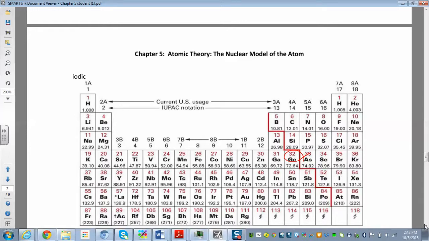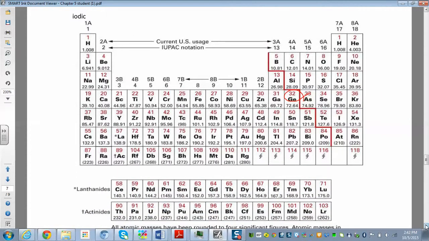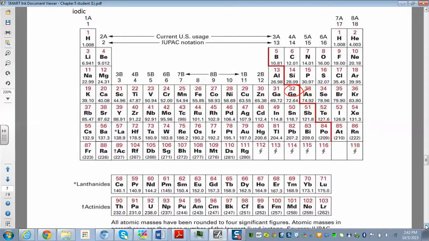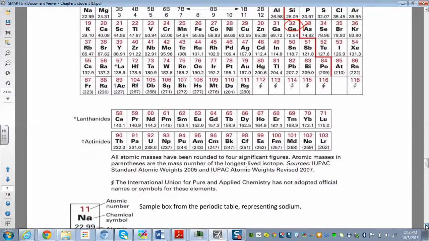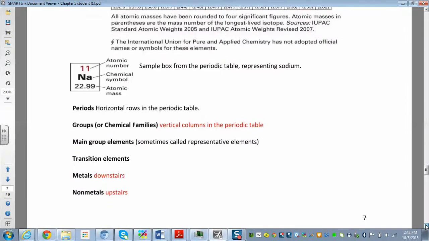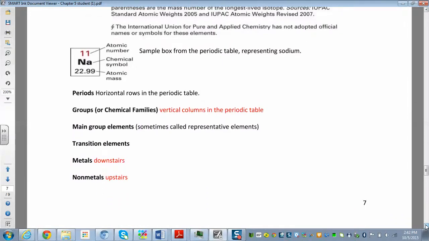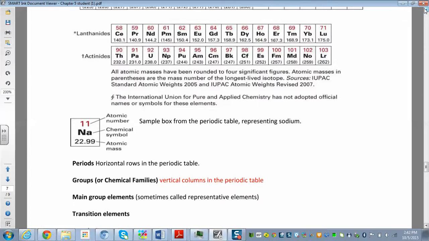Mendeleev was credited as being the father of the periodic table because he predicted an element, and when they discovered it, it fit exactly where he said it would be, and it had all the properties that he predicted.